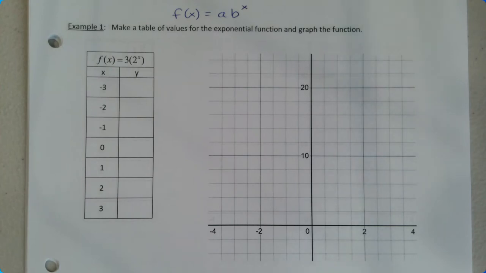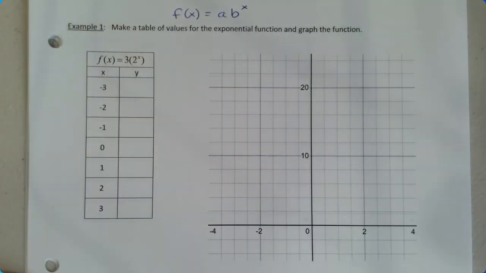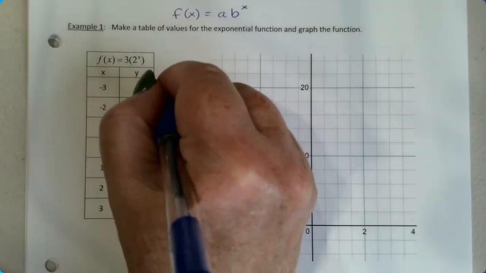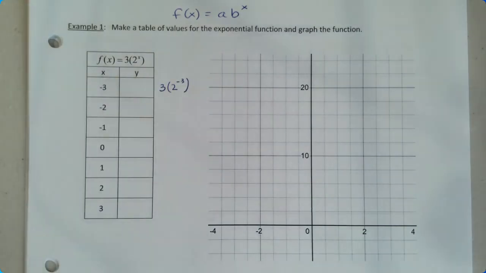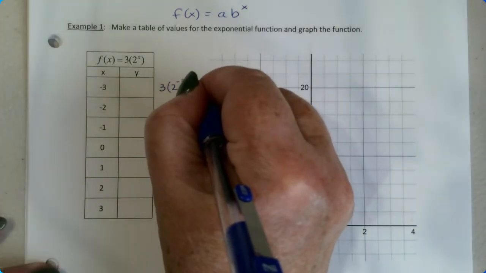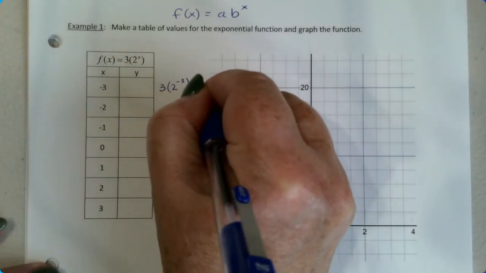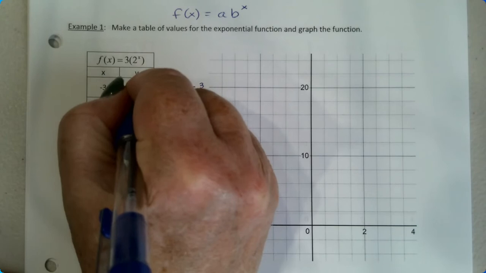All right, so let's start plugging some stuff in here. If I would like to put an x value of -3 into that function, I would have 3 times 2 to the -3rd power. Remember that the negative exponent moves that to the denominator. So that's 3 over 2 cubed, or 3/8.